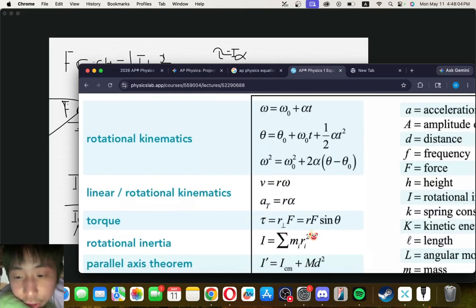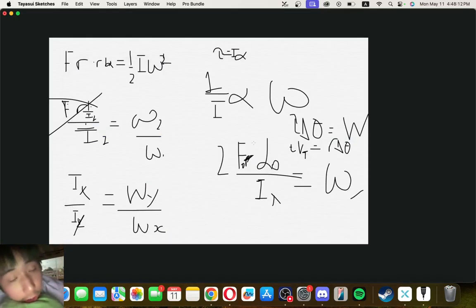Torque equals this. Yeah. Okay. RF. I mean, how am I supposed to do this? I guess R equals something like. I know omega R equals velocity tangent.